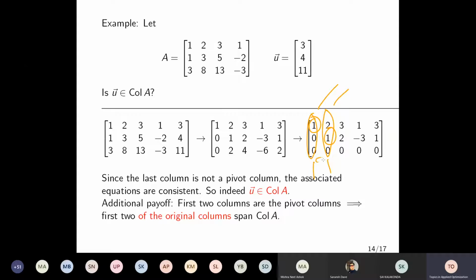Otherwise, if you cannot find, then they will all become 0, 0, 0 from some point onwards, so you stop at the last pivot and pick those columns. So the first 2 columns are enough to span the column space of A. And you should pick the original columns, not these columns. So that is the methodological way to find a reduced spanning set for the column space of A, not just taking all columns of A, but a reduction if it is possible.